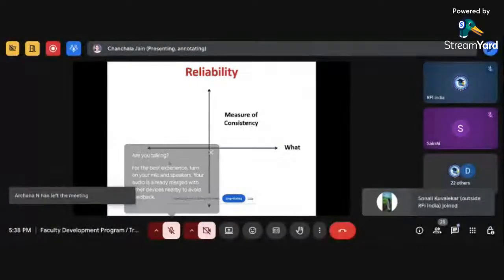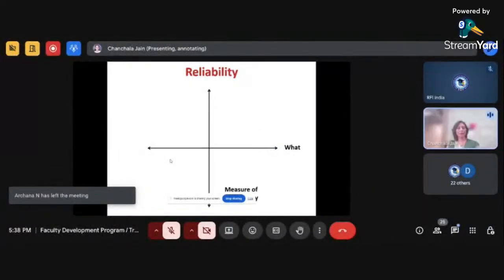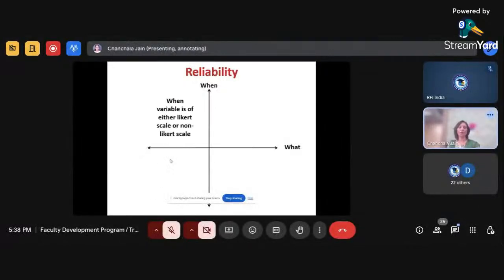Yes, ma'am. Next concept is when you need to go for the reliability checking. So usually when we are having Likert scale data, that is usually a 5-point Likert scale, 7, 9, 11, something like that. It is known as Likert scale. When we want to measure the satisfaction of people, suppose we are giving a statement that the services provided by so and so organization are good, and I'm asking, are you agreeing with this statement or not?